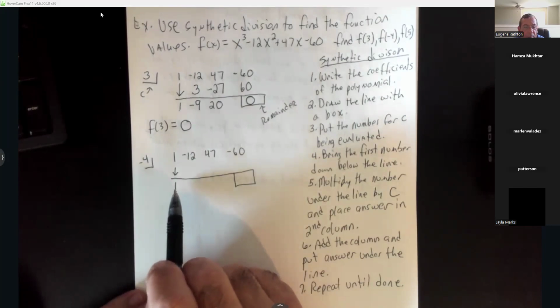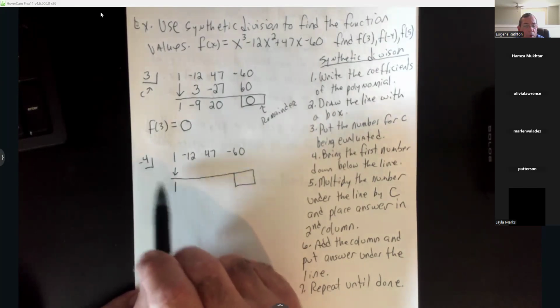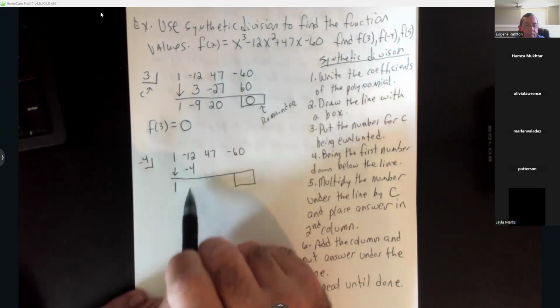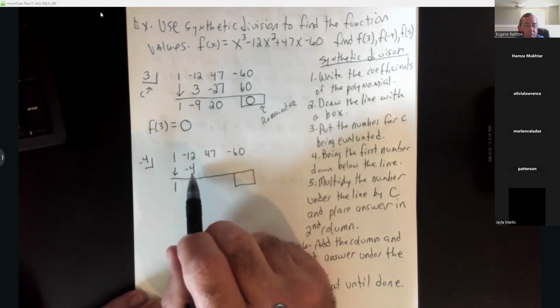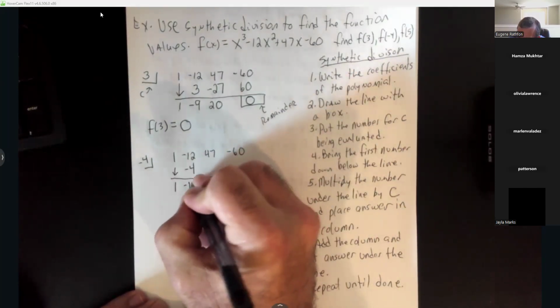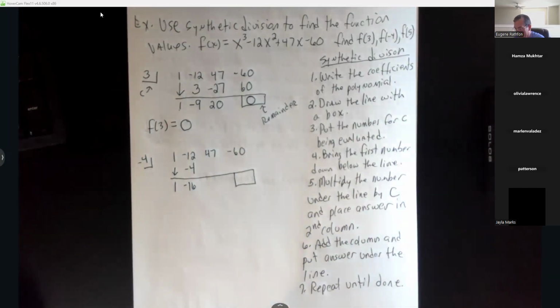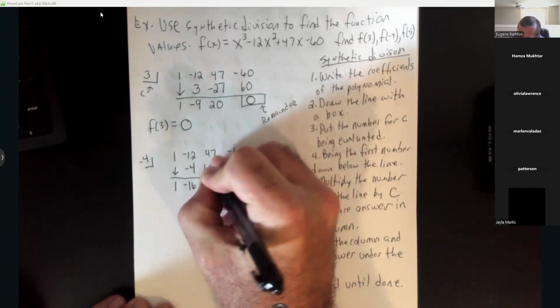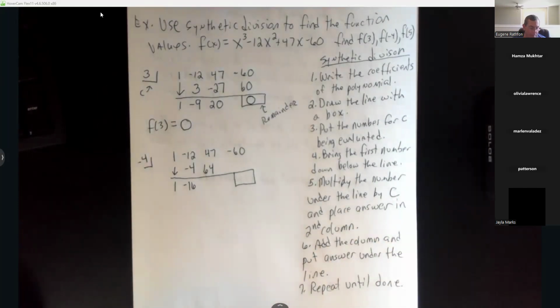All right, y'all, so here we go. Any number under the line gets multiplied by C to get the next column. So 1 times negative 4 is negative 4. Now you got a column. You're going to add that and bring that below the line. So negative 12 and negative 4 is negative 16. All righty. I got negative 16 times negative 4 is a positive 64. All right, y'all.